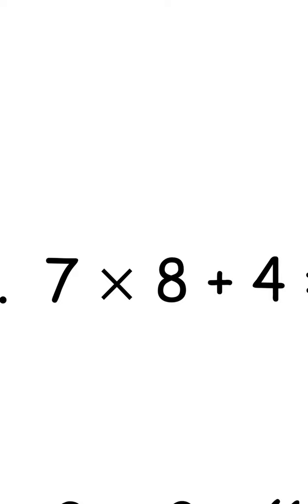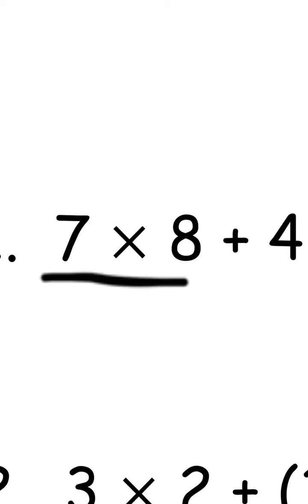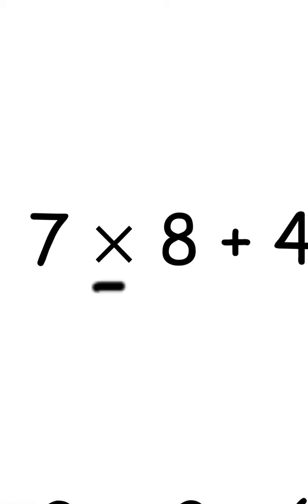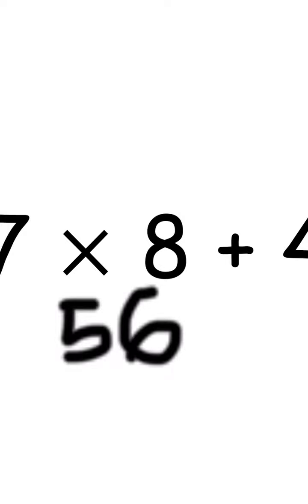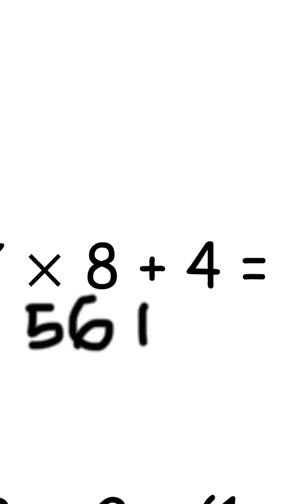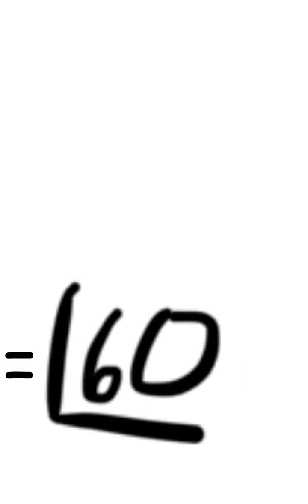So since multiplication is first, we need to first multiply 7 and 8, which is 56, and then we need to add 4. And then we get 60 for number 1.